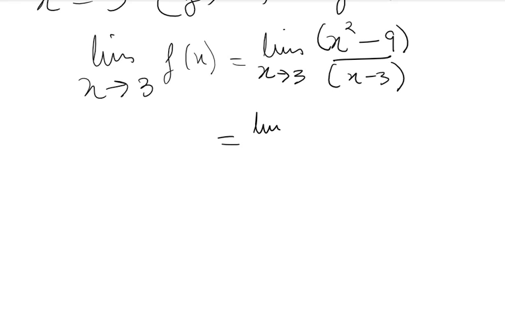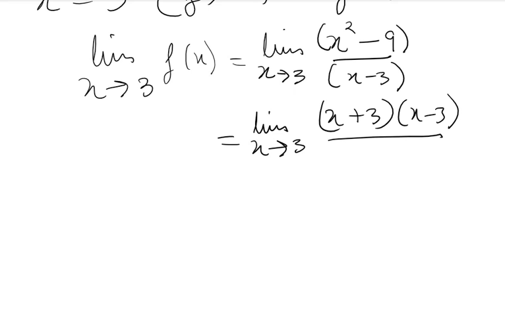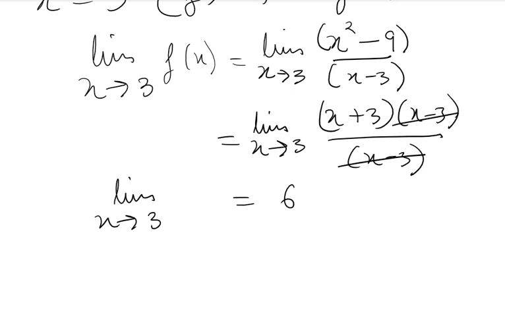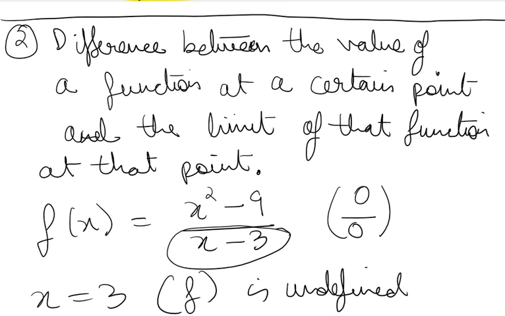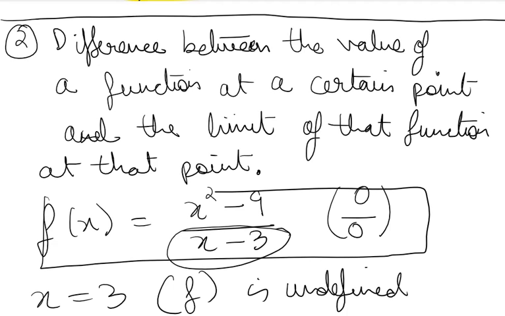So how are we going to solve this? Limit as x tends to 3 of (x plus 3)(x minus 3) divided by x minus 3, which is equal to 6. So can you see that the limit exists? The limit exists, yes, but the function here does not exist.